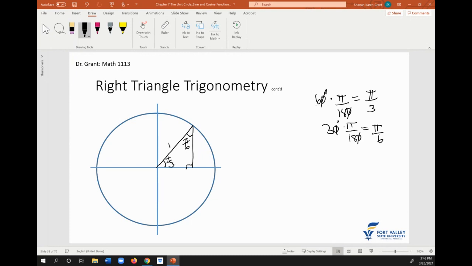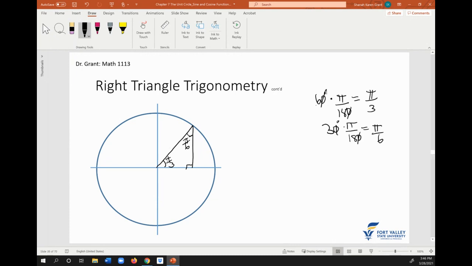Now this is what we call a 30, 60, 90 degree triangle, and this is a very famous triangle. With this triangle, there is a relationship with the sides.